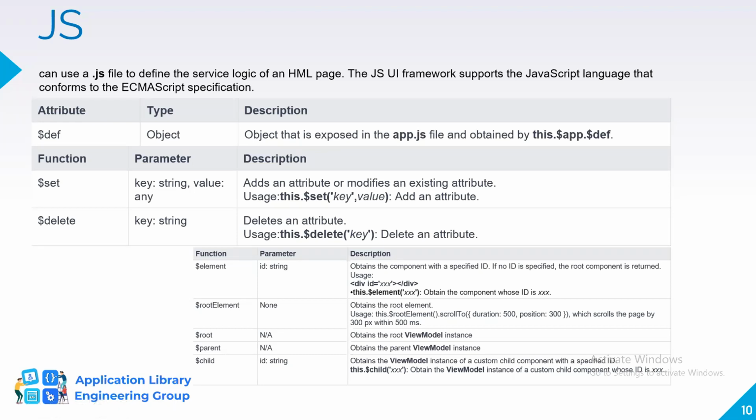And using $s, we are able to access the data which is defined in app.js. In the previous slides, I think we have read this, right? Get app we can also use. Instead of that, we can even use $def. Like this, we can access it in other places. This $app.$def dot the other data which is defined in app.js.